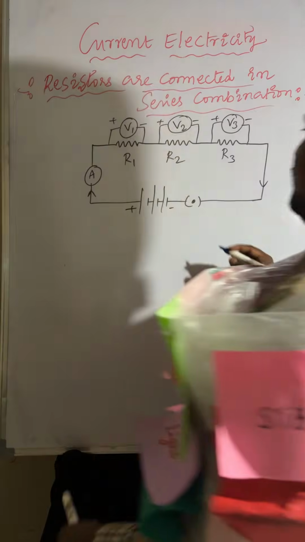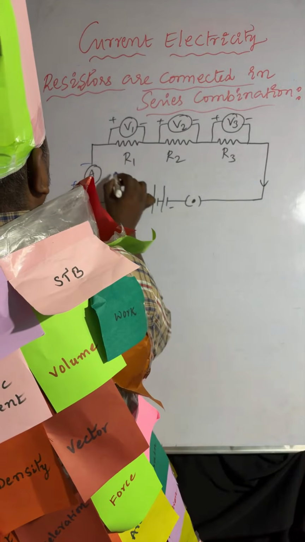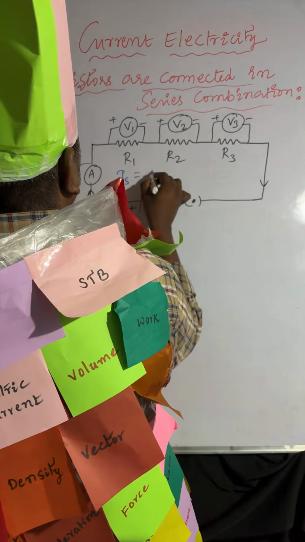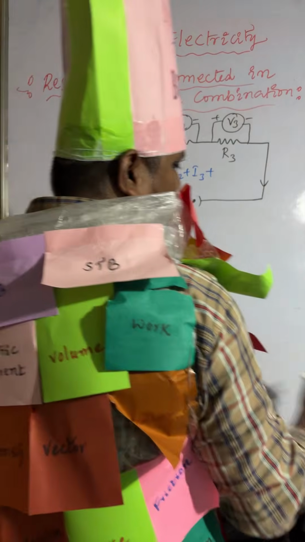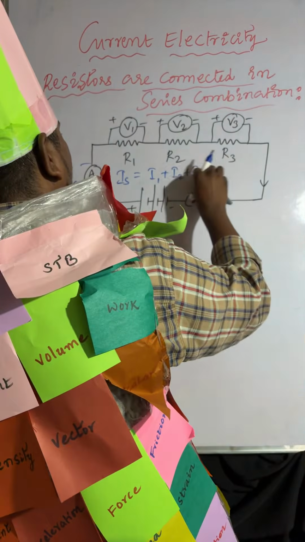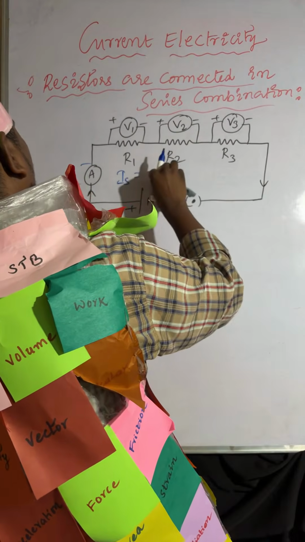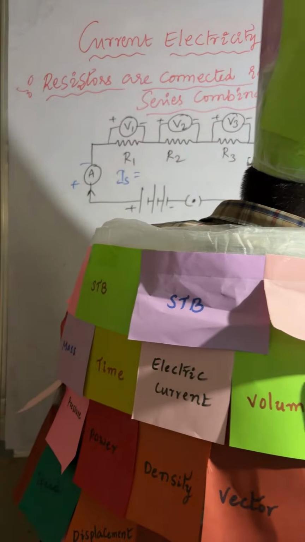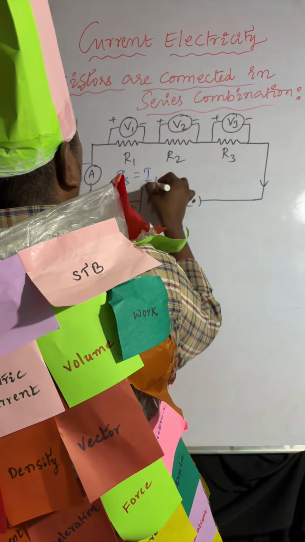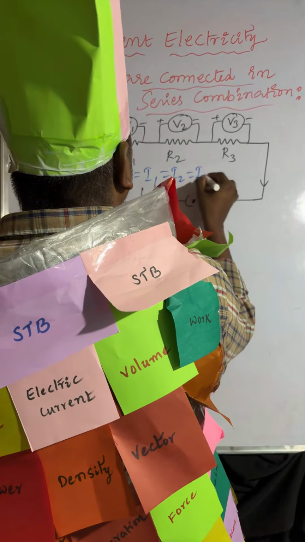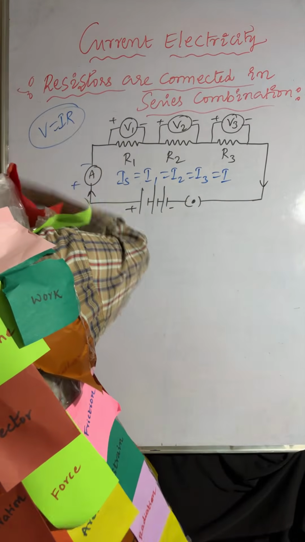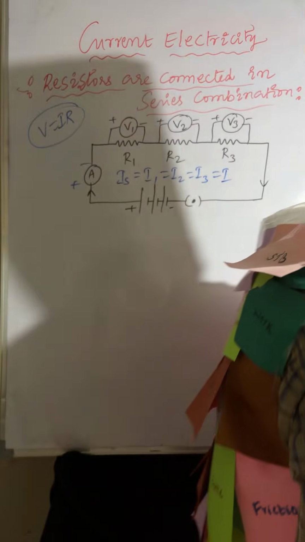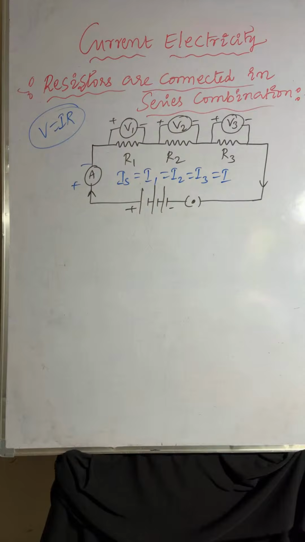So Is equal to I1 plus I2 plus I3, oh sorry, the current is the same, right? If it is the same, we have to use equal. So Is equal to I1 equal to I2 equal to I3 equal to I. From Ohm's law, V equal to IR.